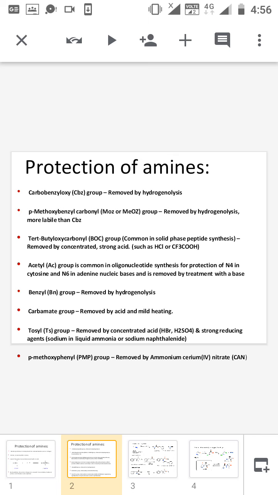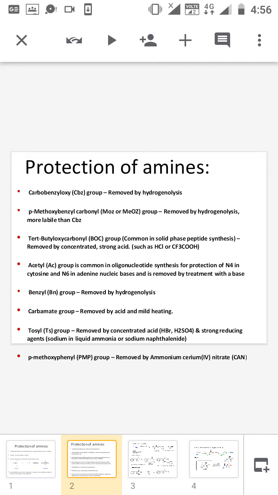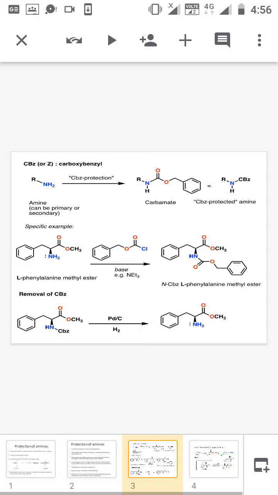We can use any one of the protective groups for the protection of the amine depending upon the reaction, the target molecule, and the other functional groups present in the starting material. Next we are moving into some specific examples.